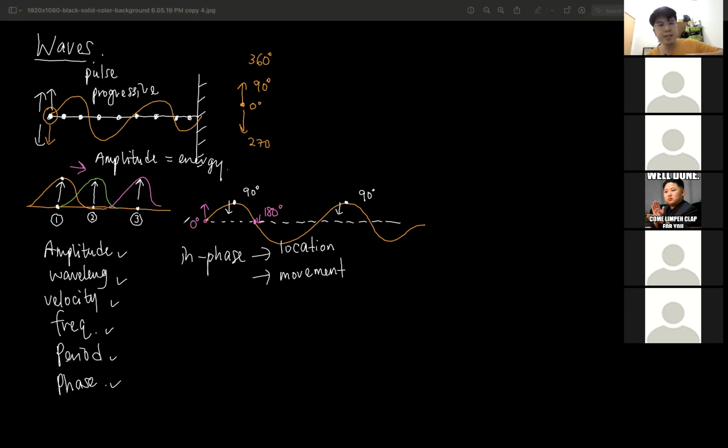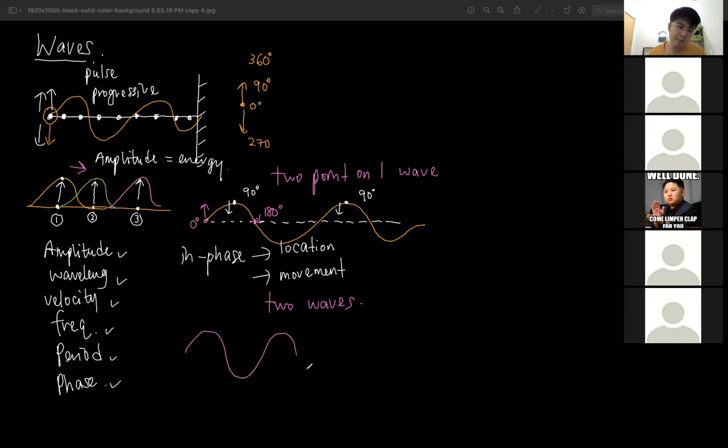Now, phase can be used to refer to 2 points on the wave, or it can also be used to refer to 2 waves. This is 2 points on one single wave, on the same wave. Or you can also refer to 2 waves, different sources of waves. If I have one wave moving like this, and then we have another one that is moving the same, then we say that these 2 sources of wave are in phase.